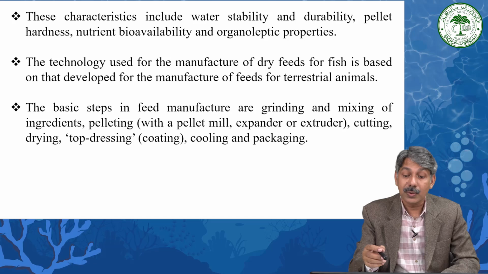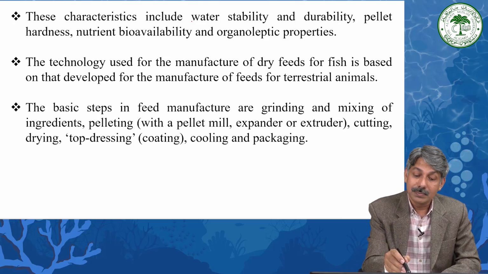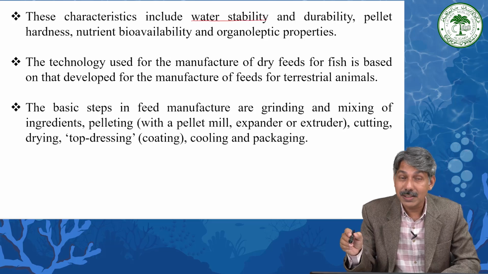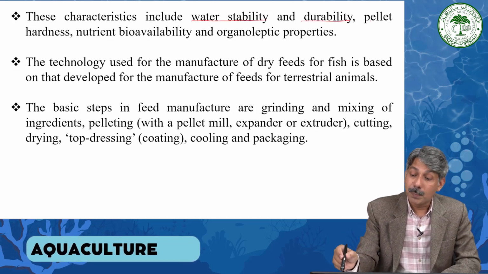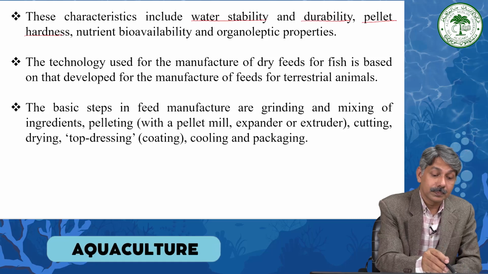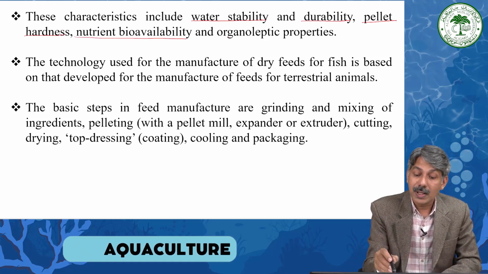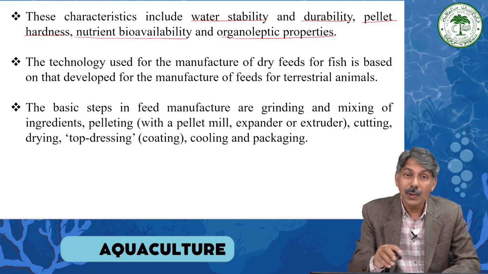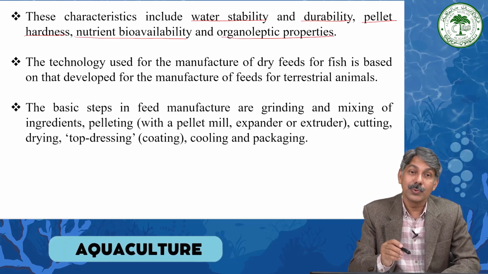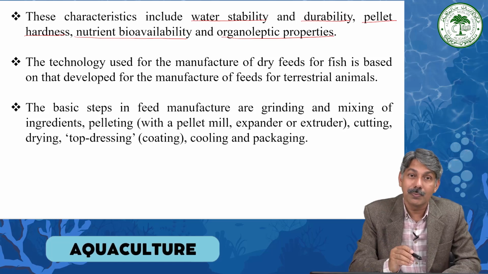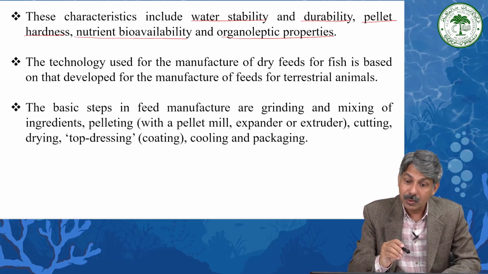What are the characteristics we are going to take care of? It is going to influence water stability and durability, pellet hardness, nutrient bioavailability, and organoleptic properties. All these characteristics are very important with regard to utilization of the feed being offered by the aquatic organism or the fish.